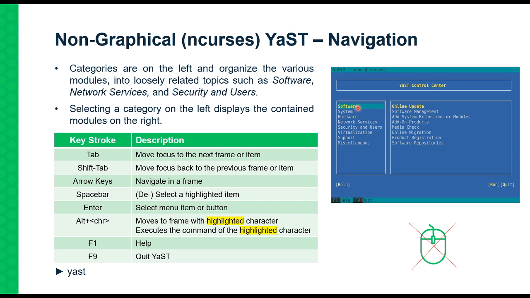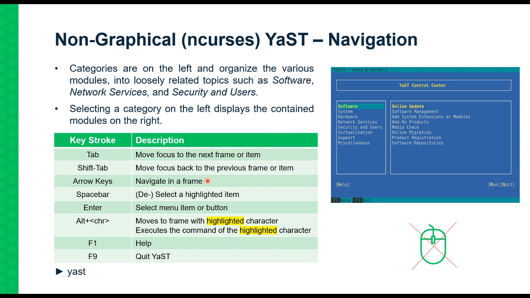If we want to move over to this frame to the right, we will need to press the tab button. We can also press Shift Tab if we want to move the focus back or to a previous item. So once we are on this side and we want to go back to our categories, then we press the Shift and Tab button.